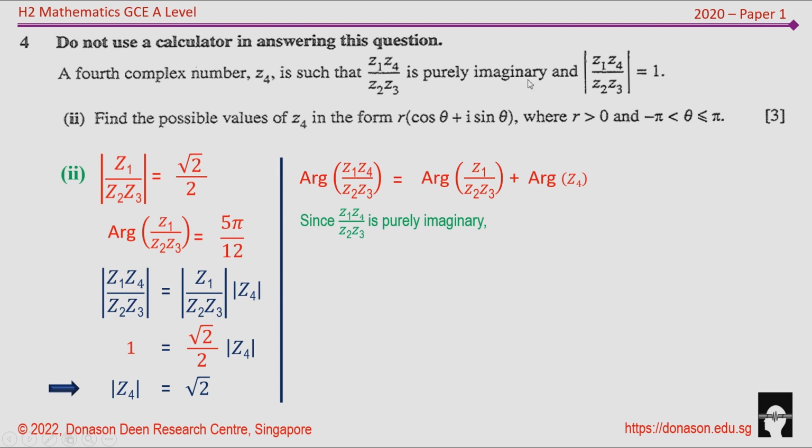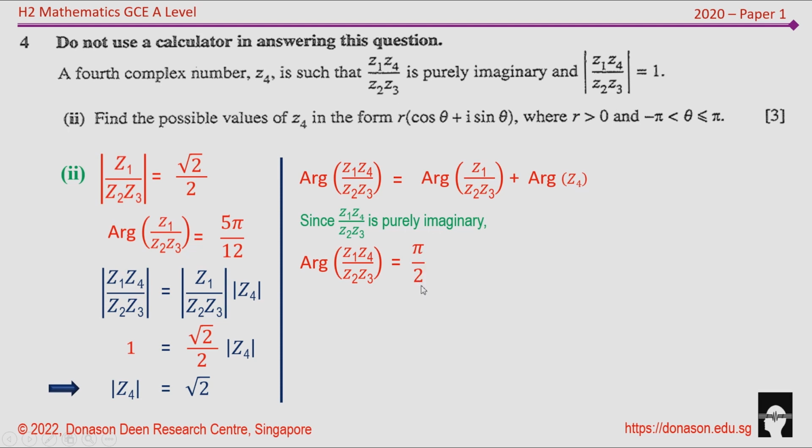So if it is purely imaginary, what does it actually mean? The cosine component is going to become 0. So what value of theta will the cosine become 0? Of course cosine 90 degrees is what's going to give you 0, so as not to have any real part, so that it can become an imaginary part. So for that, the argument of this particular complex number should be pi over 2.